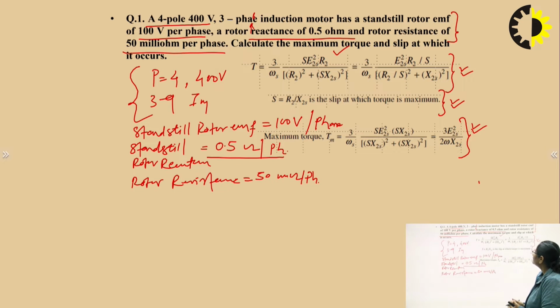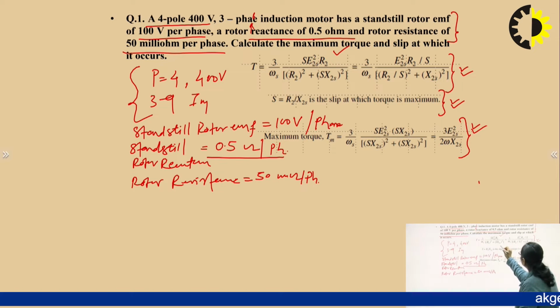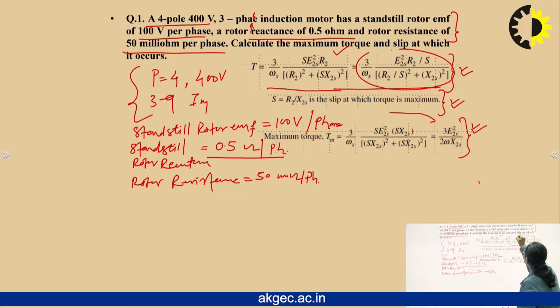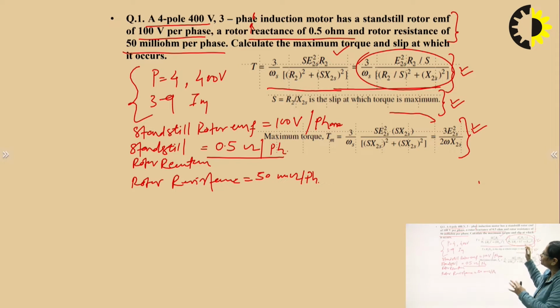solution, right? So, let us first discuss the torque production in the machine. The torque equation given over here is determined directly from the rotor circuit parameters, rotor circuit induced voltage and the rotor circuit impedance only, right?